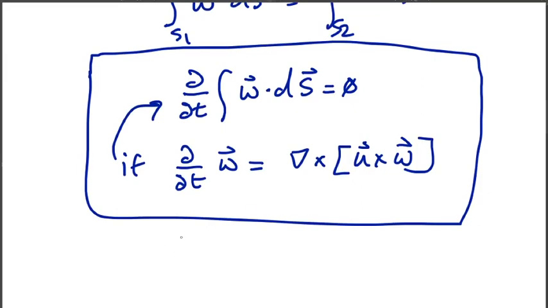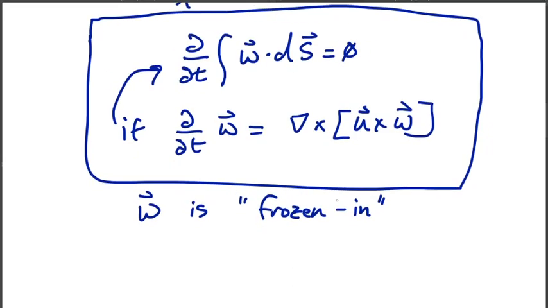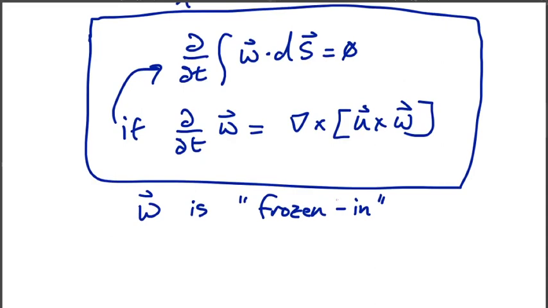We say that the vorticity omega is frozen in. It's the frozen-in condition of the flow. In some sense, the vorticity is carried by the flow as the flow changes, and the vorticity can't leave the flow.